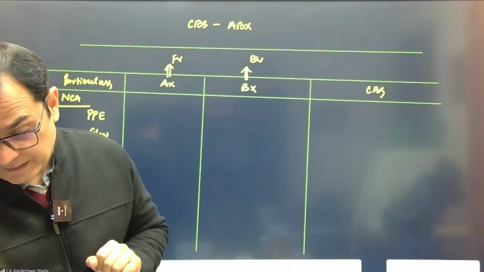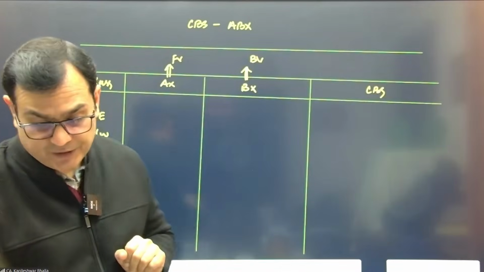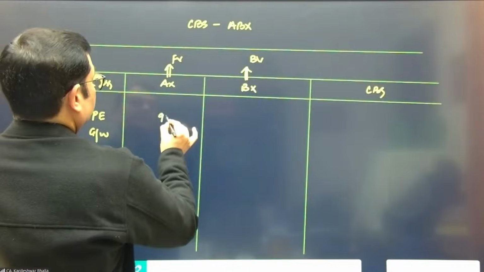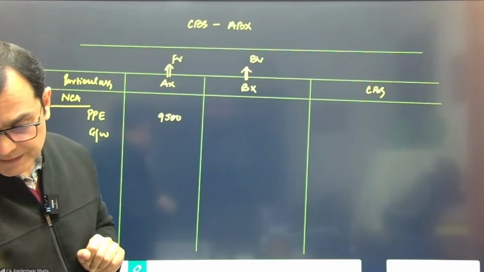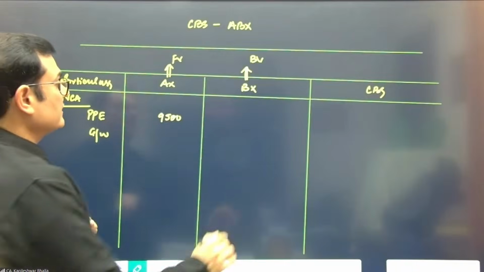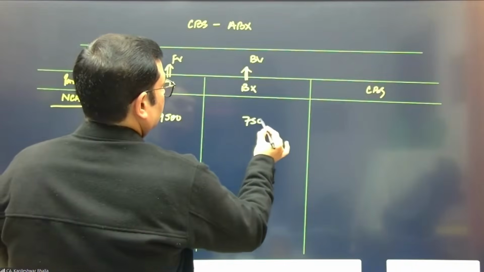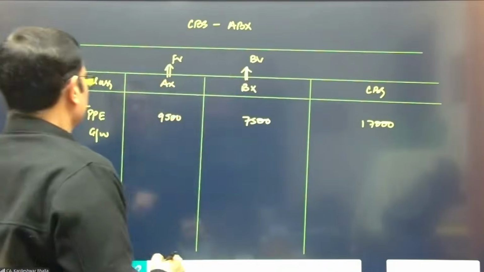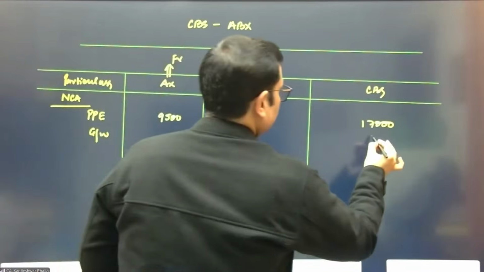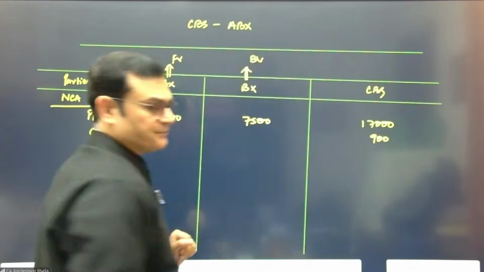So PPE, the fair value of AX is 9,500. And as far as BX is concerned, the book value is 7,500. So that works out at 17,000. Then goodwill, we have just calculated, it's 900.